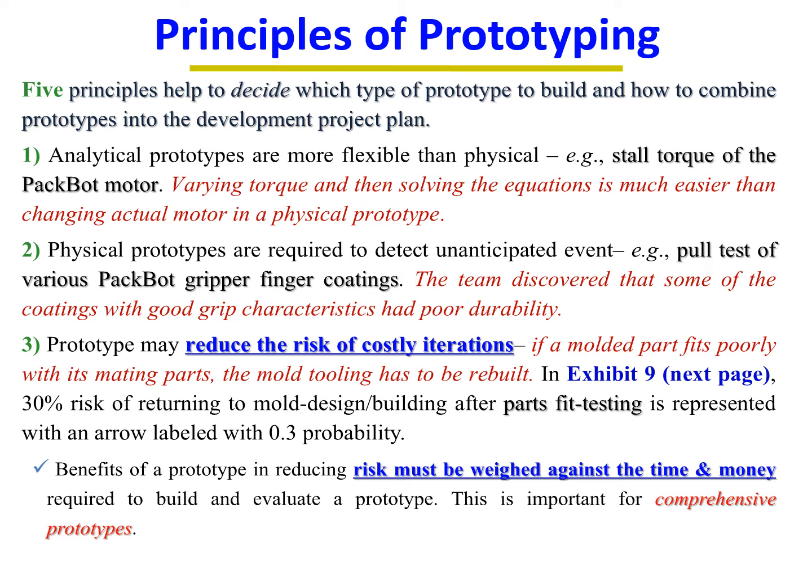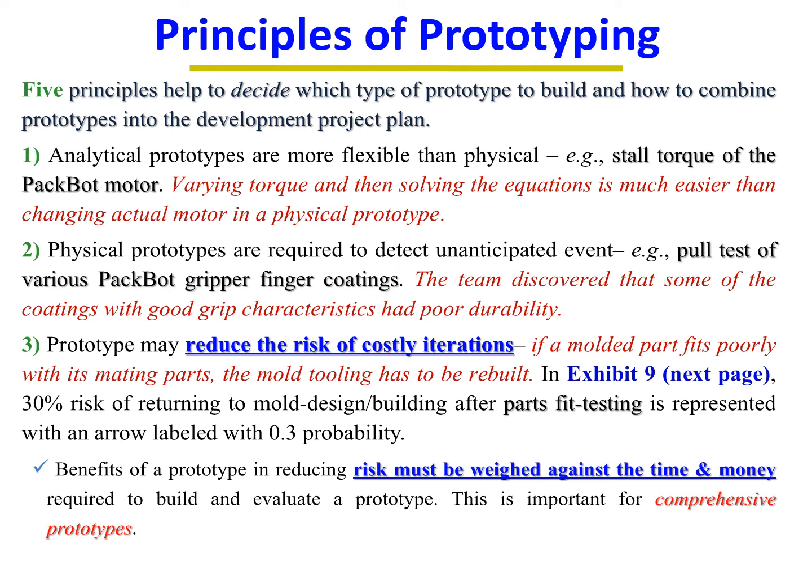But building the prototype is itself an effort and cost and time. So the cost and time and effort used in building the prototype, is this important? Should this be done to find the errors, or is making the prototype itself, the comprehensive one, very costly? So this is a big decision for the design team and the management to make.